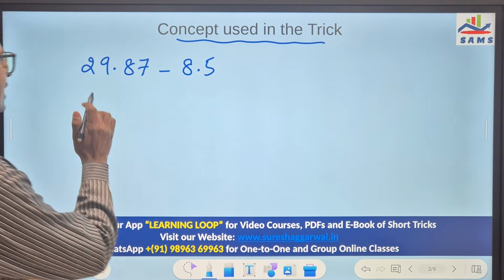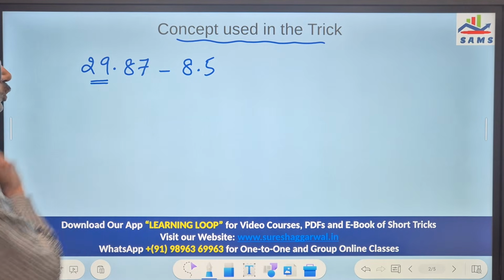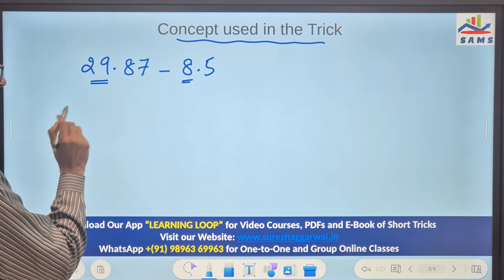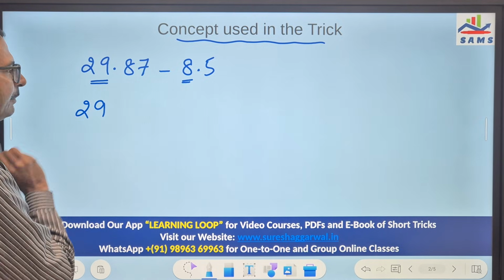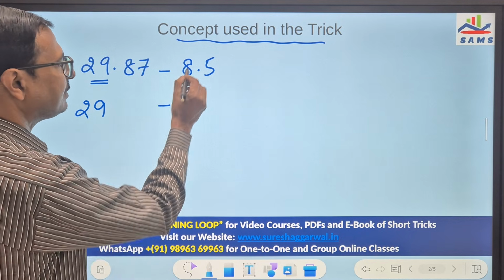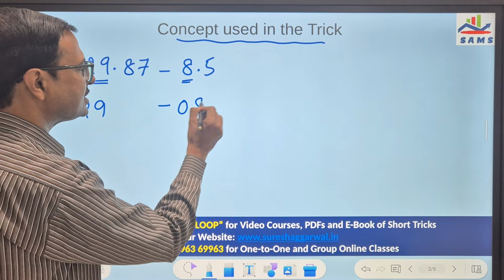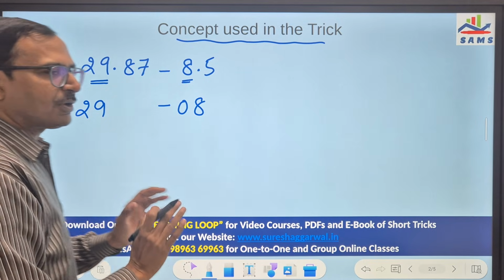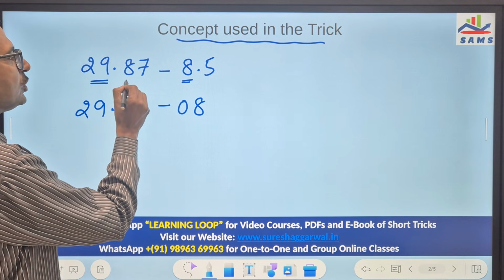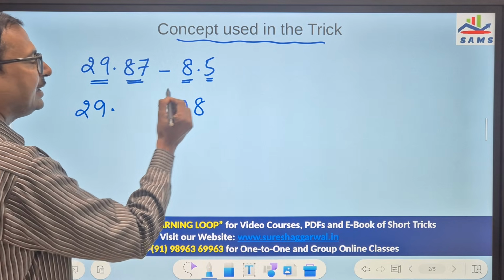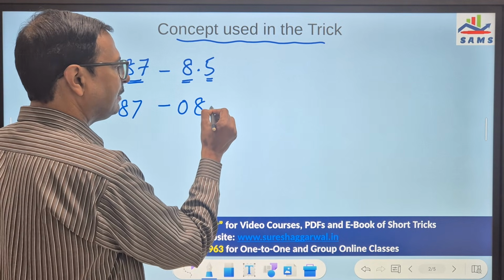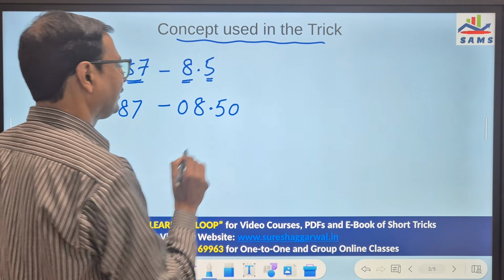Now here you can see before decimal we have two digits and here we have only one digit. So let's do one thing. This 29 I'll keep as it is because this has greater number of digits before decimal, and this number 8 will be written as 08, so that I balance the number of digits before decimal. After decimal, I have two digits here and one only here. So two digits will remain as such, and this 5 will be written as 50.